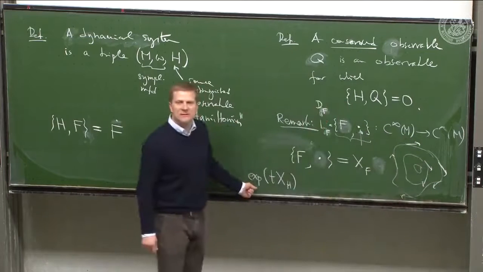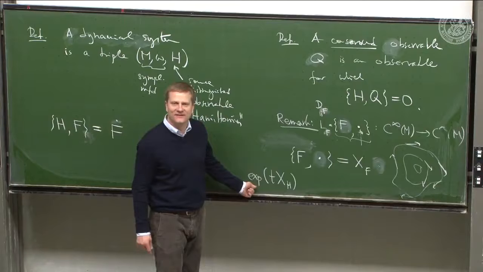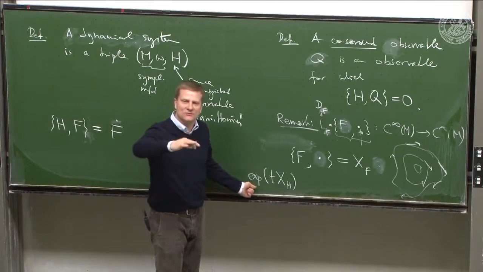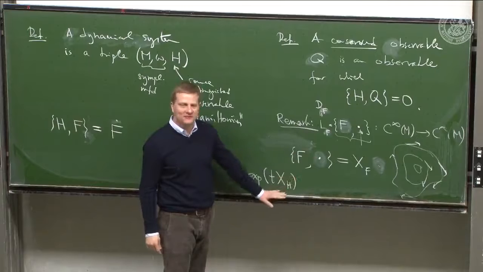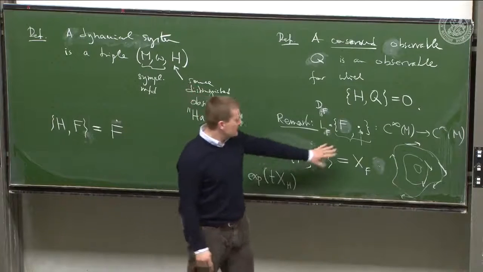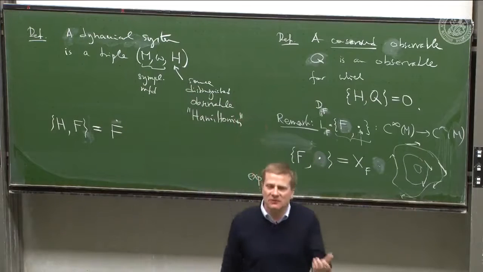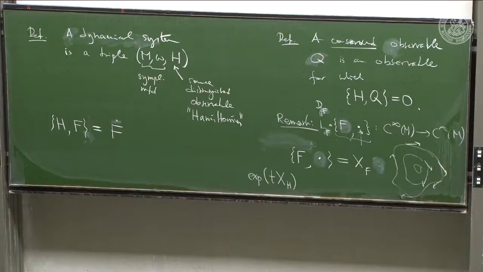We could also say it's the time development operator. It tells you how the system moves. Isn't that crystal clear from this picture? Okay. Anyway, so the Hamiltonian vector field is not an abstract thing, it's something extremely concrete. Questions so far? So this is the short version of classical mechanics in terms of this geometry.